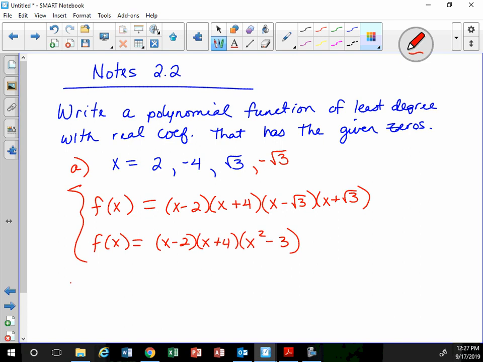Let's do another one. I don't want to rewrite those directions. Let's say your zeros are -5 and 3i.